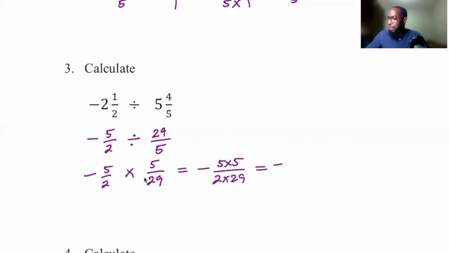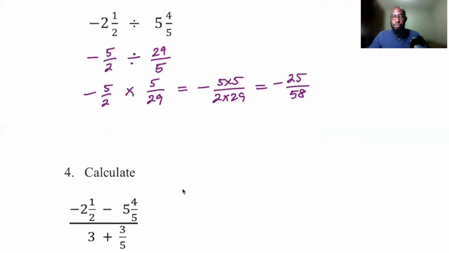So this is negative 25 divided by 2 times 29 is 58. This right here is your answer. Continuing.